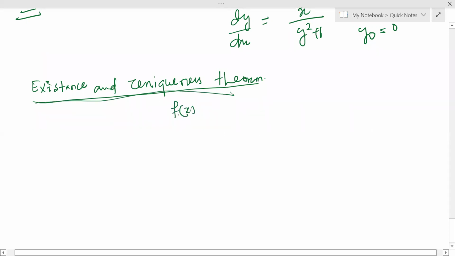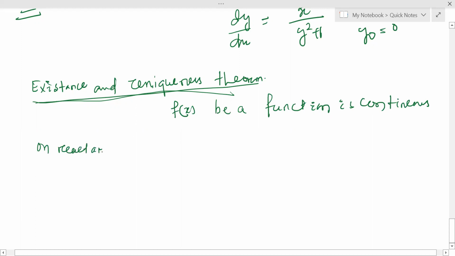First you have to consider that the function is a continuous function on the rectangle. f of x is continuous on the given rectangle. What is the rectangle region? That is R.